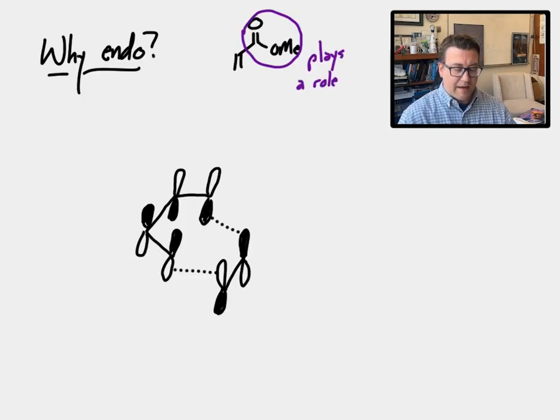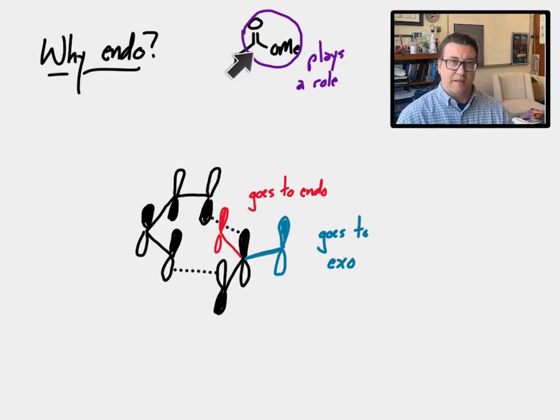But our dienophile is a little bit more complicated. This ester plays a role in how the dienophile is going to interact. That ester, the p orbital of the carbonyl carbon, could either be on this side or on this side. If it's on this side of the dienophile, this would give us the exo product. If it's on this side, it gives us the endo product.